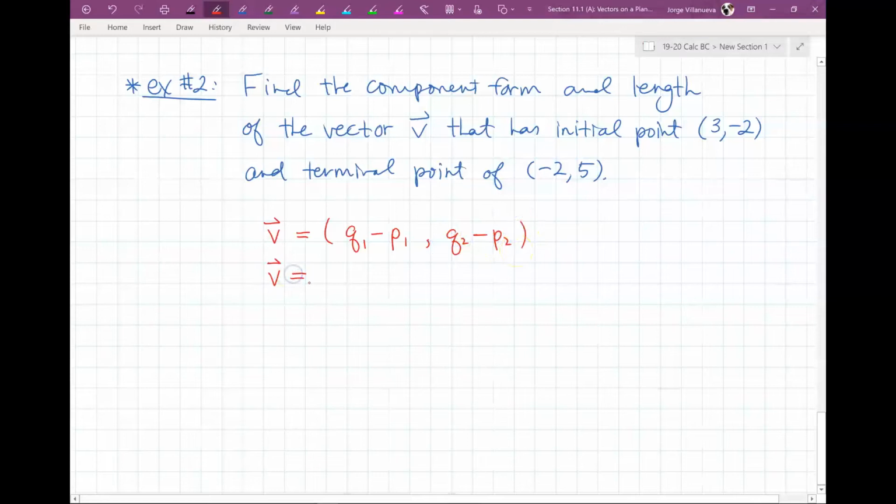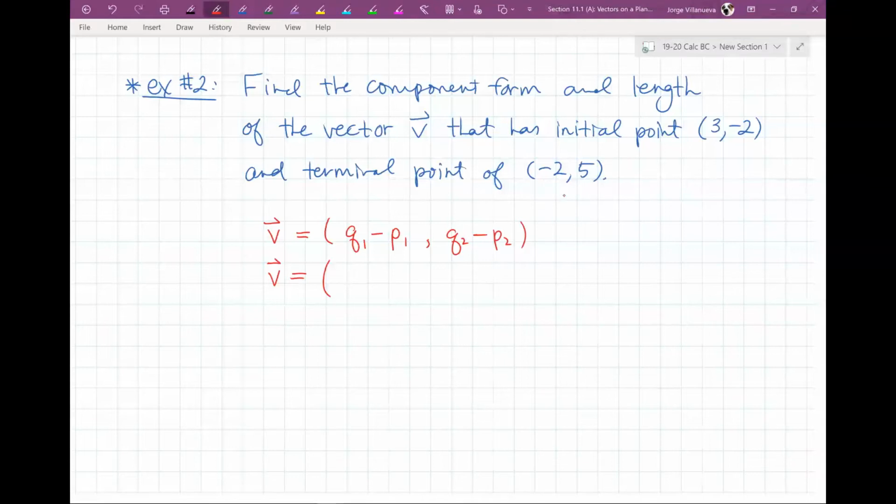So the vector is q1 minus p1. So -2 minus 3, right? We're going to do the x components first.